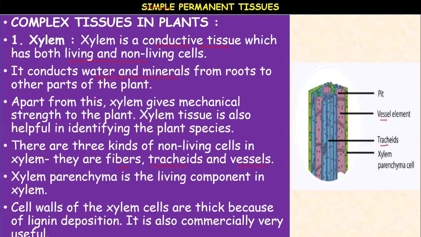And xylem parenchyma stores food and conducts water radially. The first formed xylem is called protoxylem and the next formed xylem is called metaxylem. Different types of xylem are there, which you will study further in higher classes.